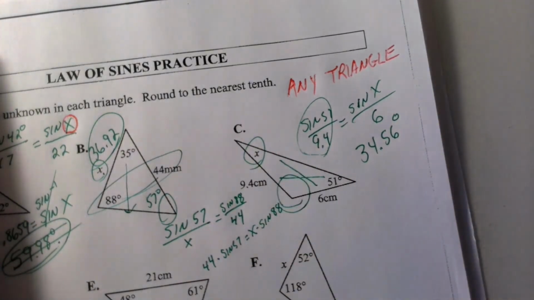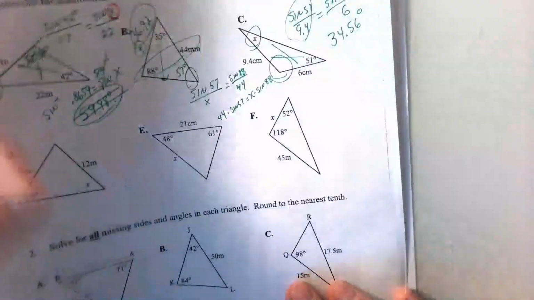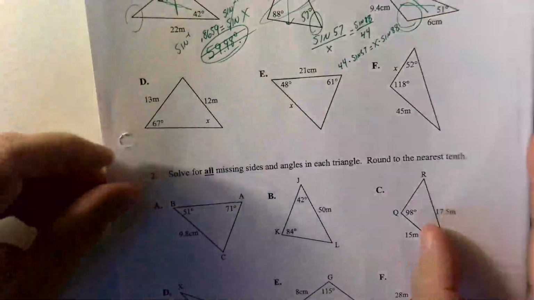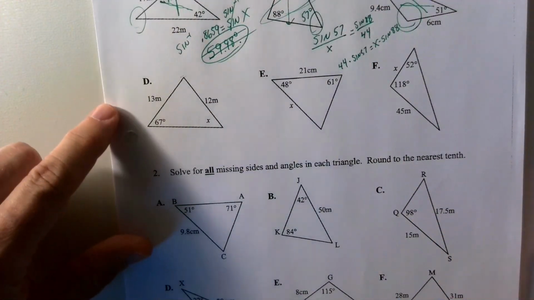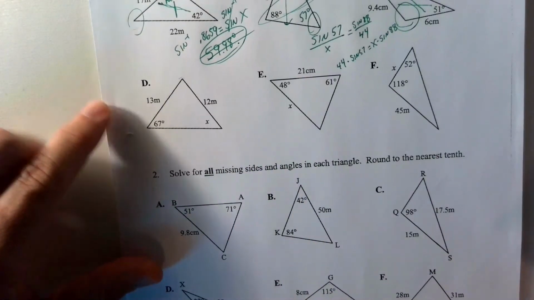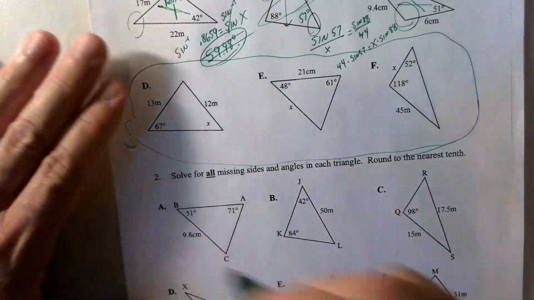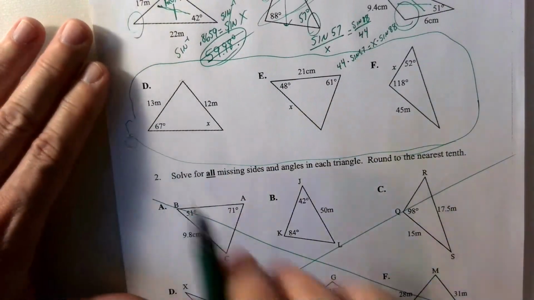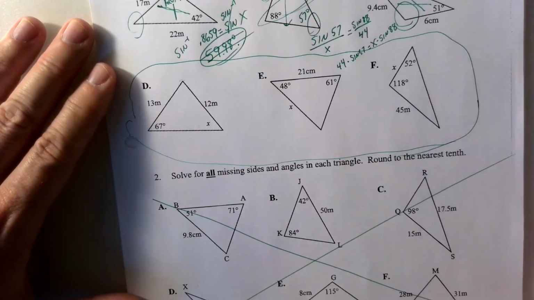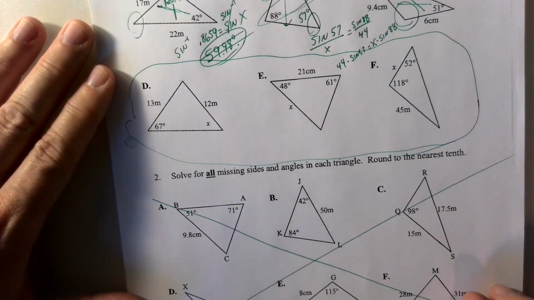Okay? So here's the deal, everybody. That's what I need from you. All I need you to do is I need to be able to see the notes that you just wrote down from this, and then I want you to solve these three. So we're going to get rid of all of this. So solve these three using the law of sines.